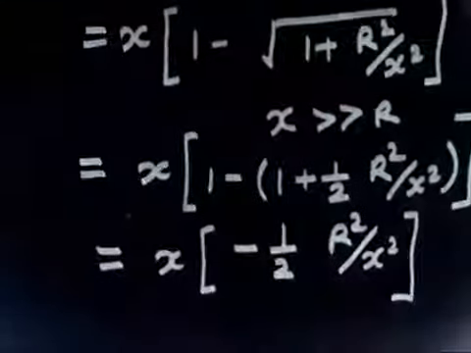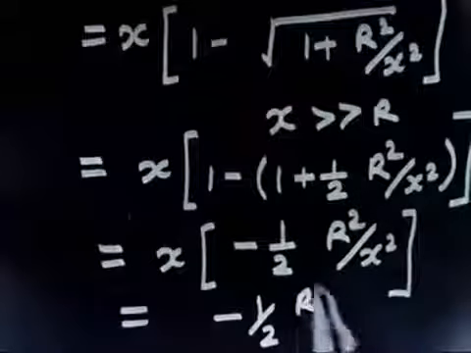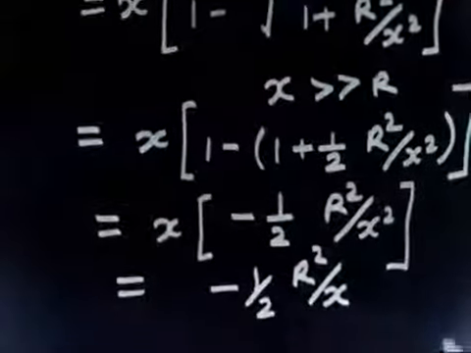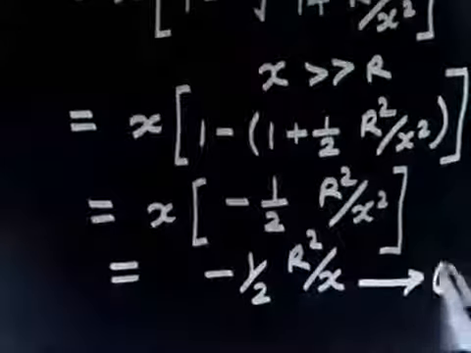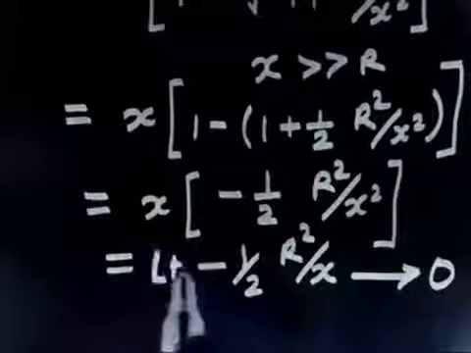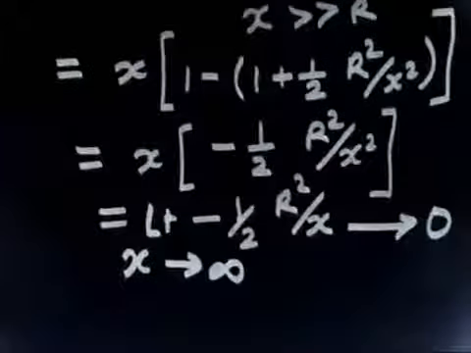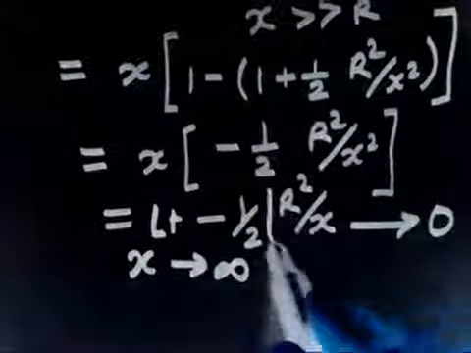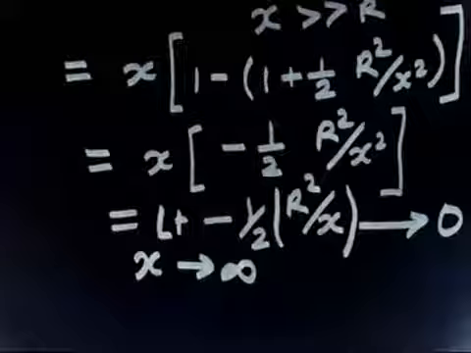Are you getting? Now x will be cancelled, so you will have r square by x. Now x goes to infinite, r is a finite number, so this term will go to 0. Are you getting or not? Because x tends to infinite, so if I have limit x tends to infinite, this term r square by x will be 0, because r is a finite number and x is an infinite number.